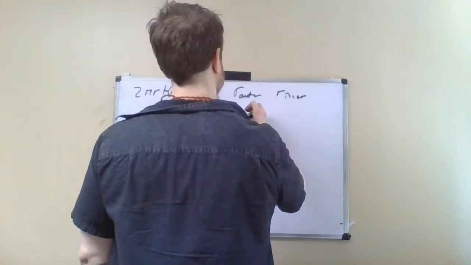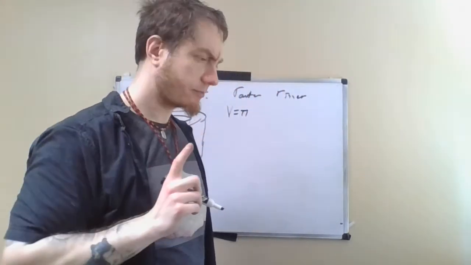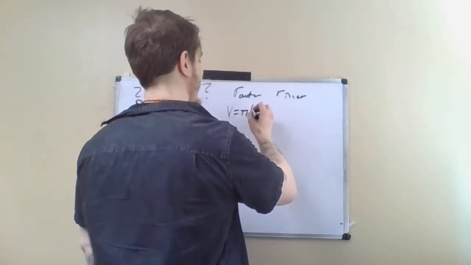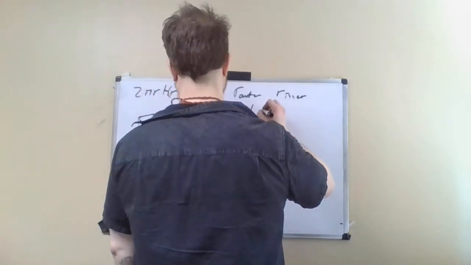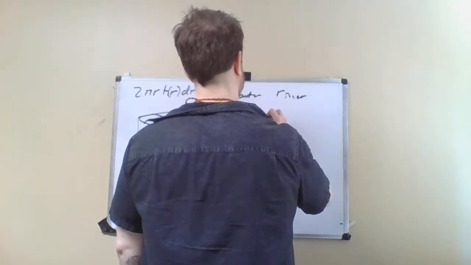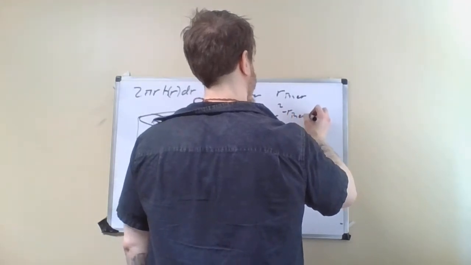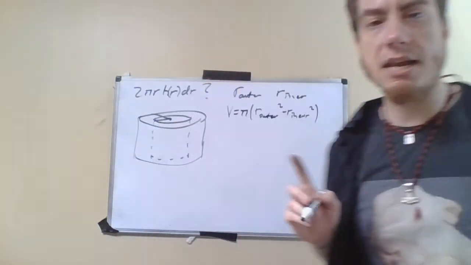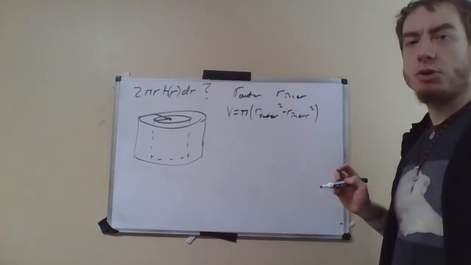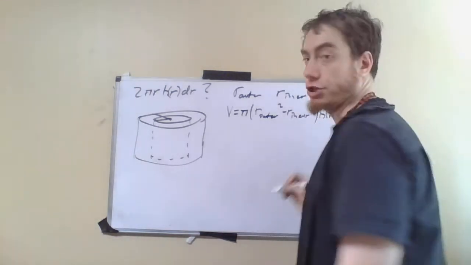is going to be equal to pi times, let me make sure that I'm getting this correct, r outer squared minus r inner squared. And then we also have to multiply this by the height as a function of r.